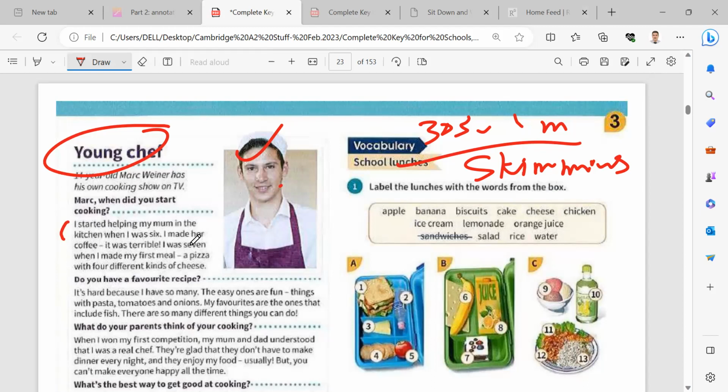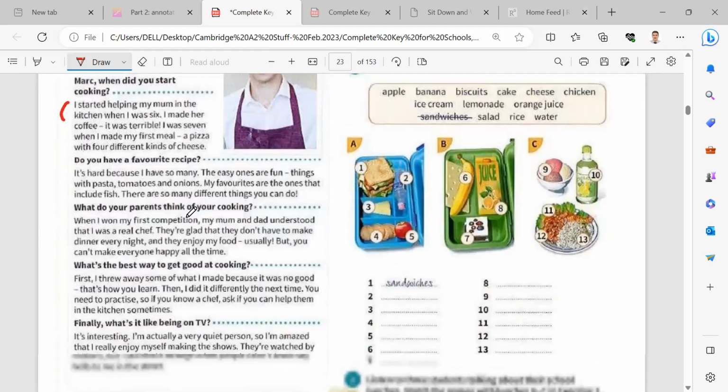After skimming, you should start scanning. Scanning means read the questions and look for the answers. If I ask you to scan this passage, it means read closely, read for the details.